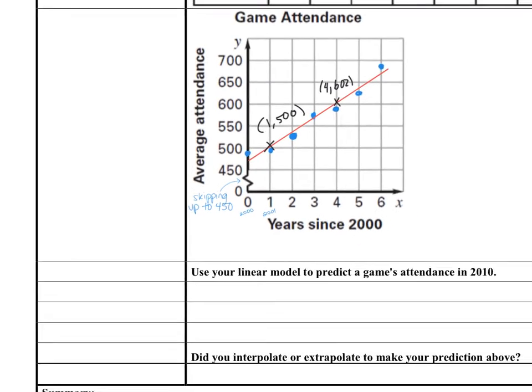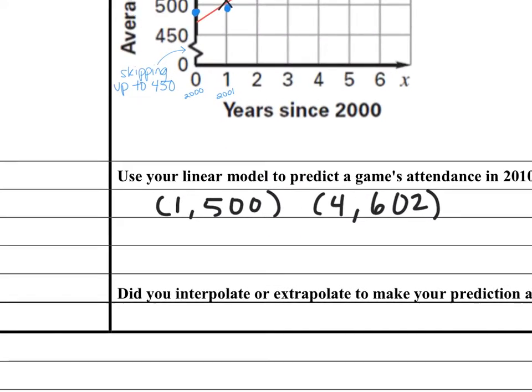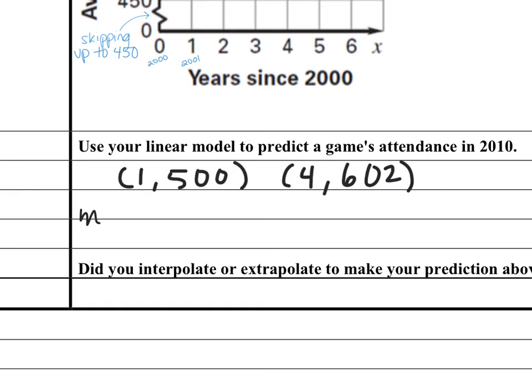Just like you would before, we're going to use the slope formula to figure out the slope, which is why you need a calculator today, because it's not going to work out perfectly, I don't think. So my 2 points are 1, 500, and 4, 602. I'm using my slope formula. Oh, it works out perfectly?